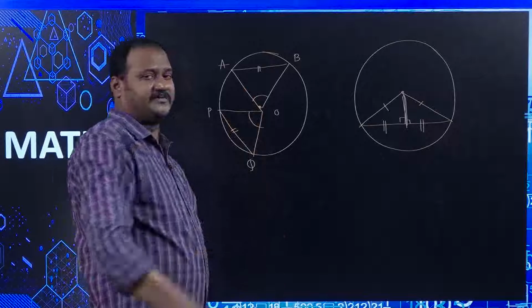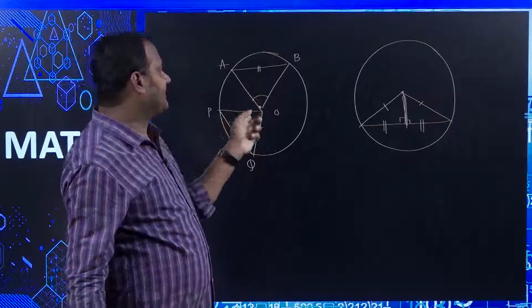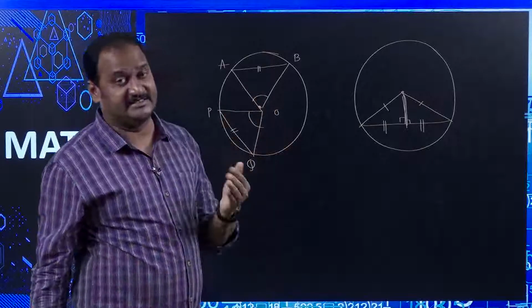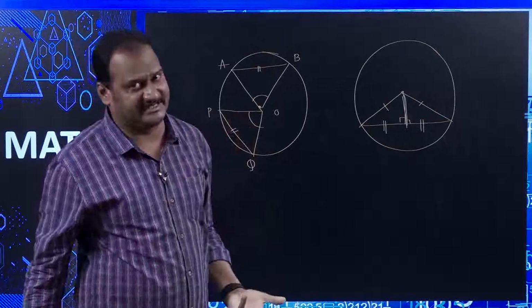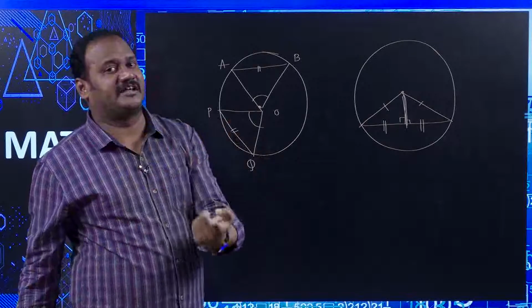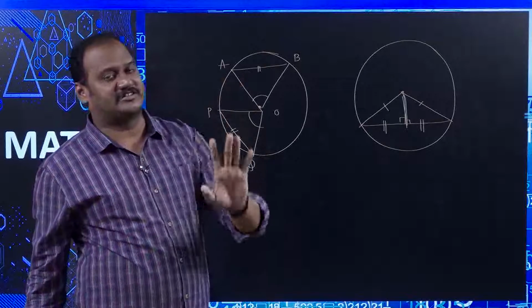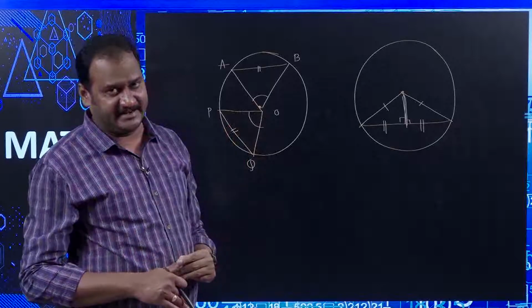So, what can you infer about those two angles? These two chords make equal angles at the center since they are equal chords. So, equal chords subtend equal angles at the center. And conversely, if two chords make equal angles at the center, then those chords are also equal. That, of course, we already discussed in grade 9.